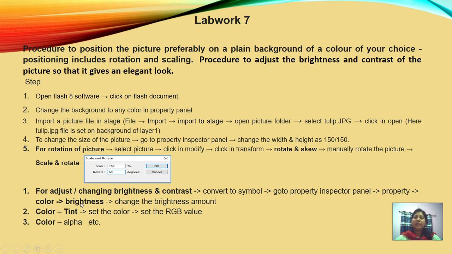Click on brightness and change the brightness amount by increasing or decreasing the value. Then in the color option there is tint, where you can change the RGB value also. Many such options are there, like alpha. Here you are able to change any option and change the value of that selected option.